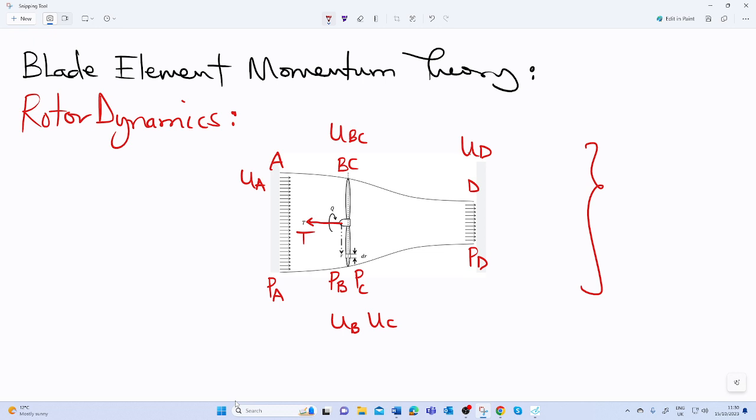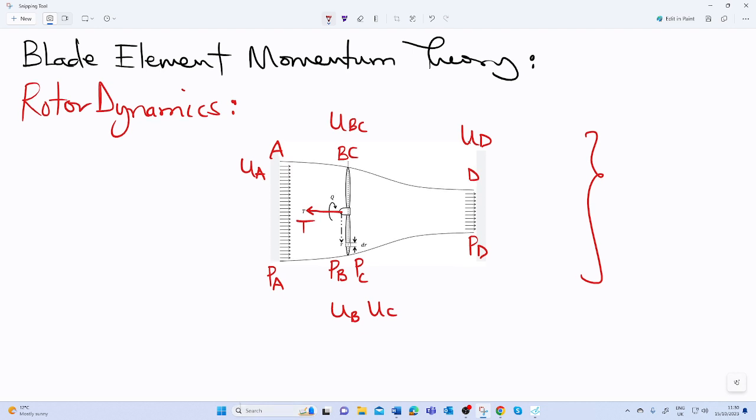Now that we have a fully developed schematic for this today's lecture, then we can deduce our thrust.